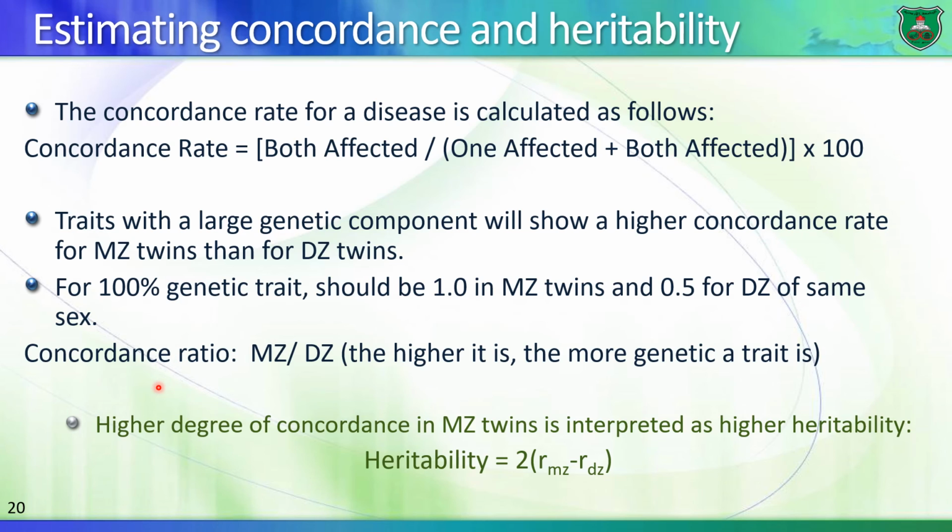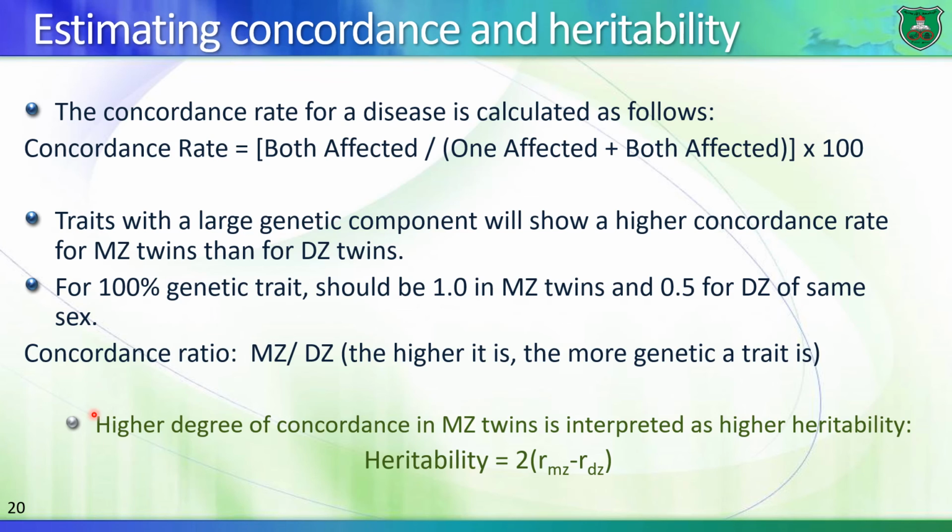So to measure the genetic contribution, you take the ratio, the concordance rate for monozygotic twins over the concordance rate for dizygotic twins. The higher the number, the more genetic a trait is. Okay. Now this is for calculating the concordance ratio.